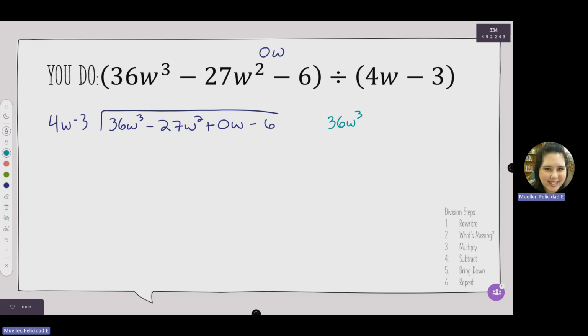36w cubed divided by 4w gets me 9w squared. So we're going to multiply by 9w squared. 9 times 4 is 36. W cubed, 2 plus 1. 9 times 3 is 27. When it's a negative 27, it's even better. On w squared.